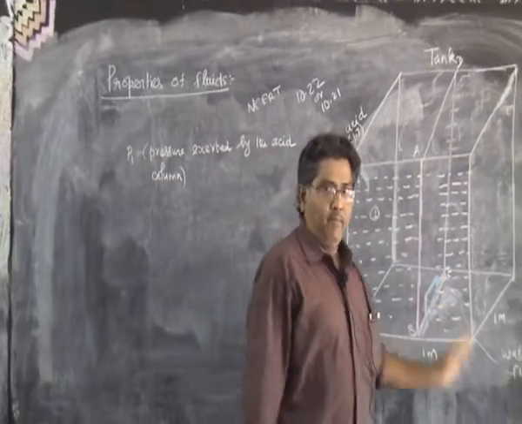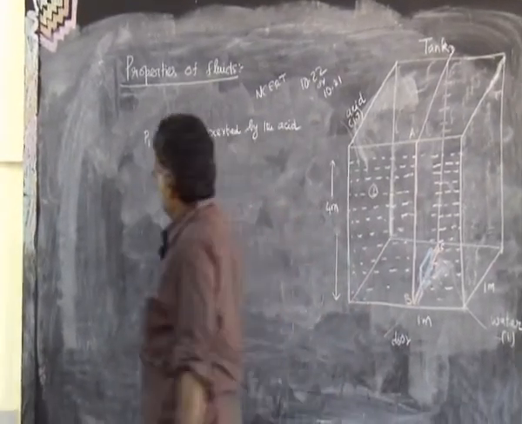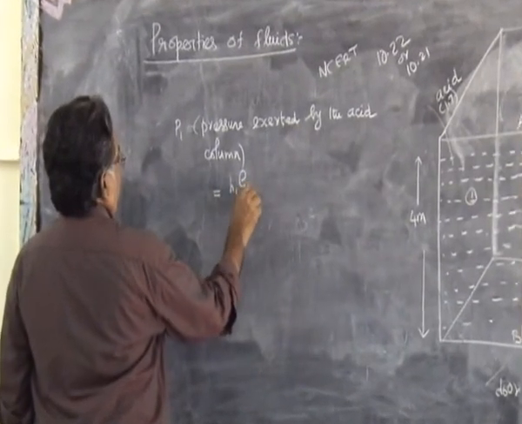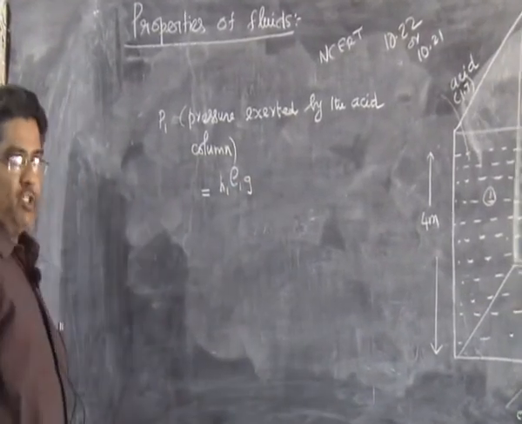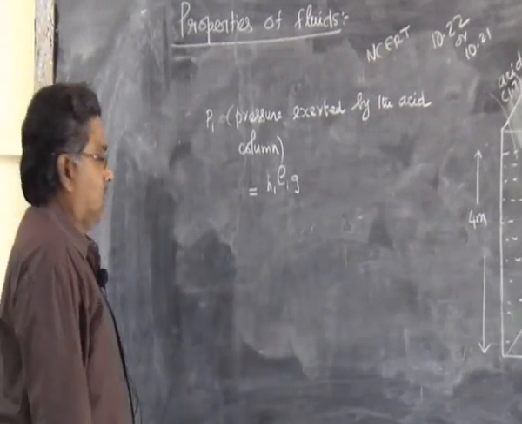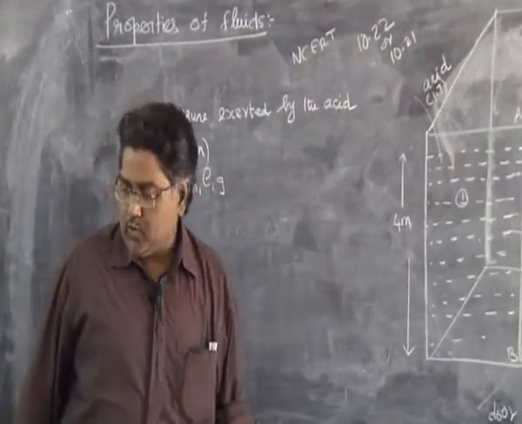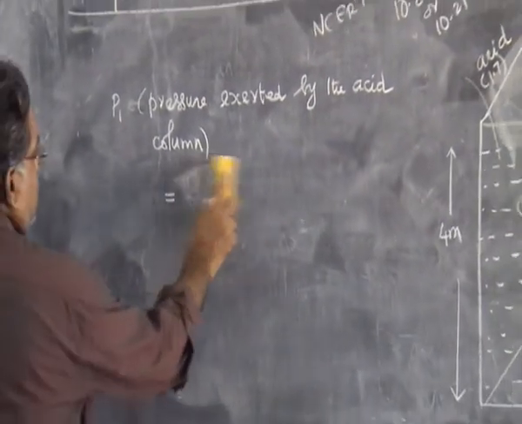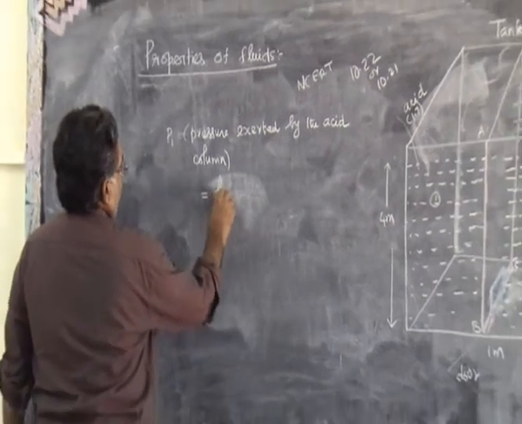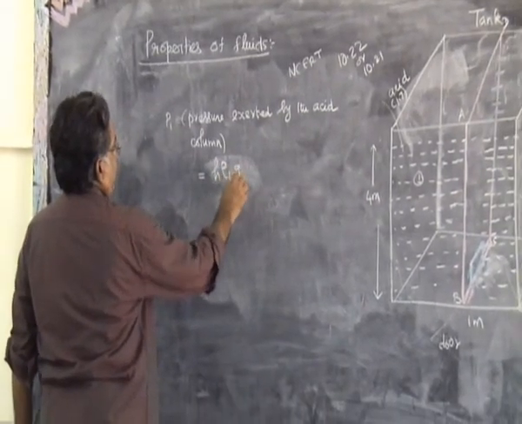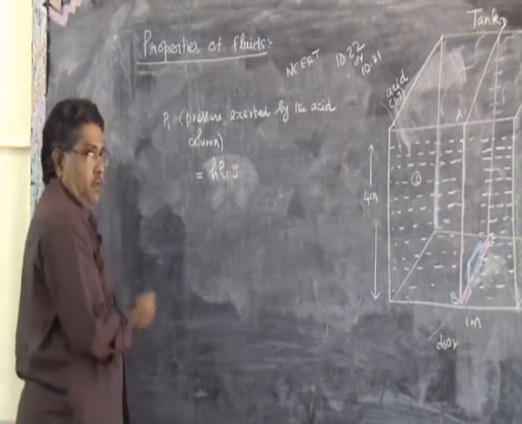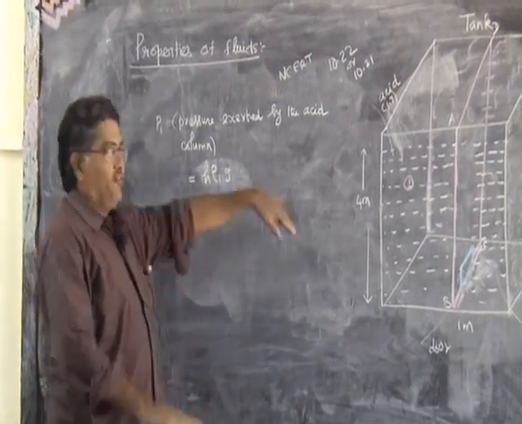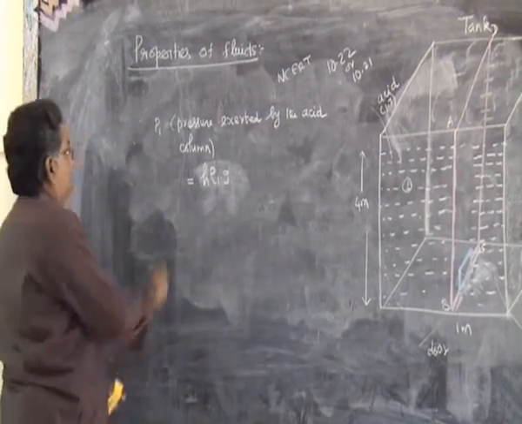This can be H1 rho 1 G. Of course H1 is equal to H2, so later on consider H as the same for both, because the height is the same in both chambers. So I write it as H rho 1 G, the H rho G formula, with rho 1 because the densities are different.